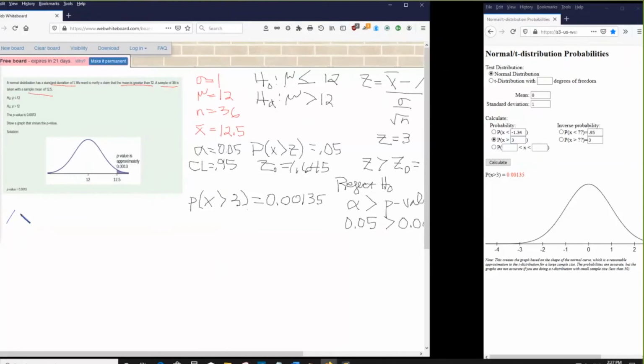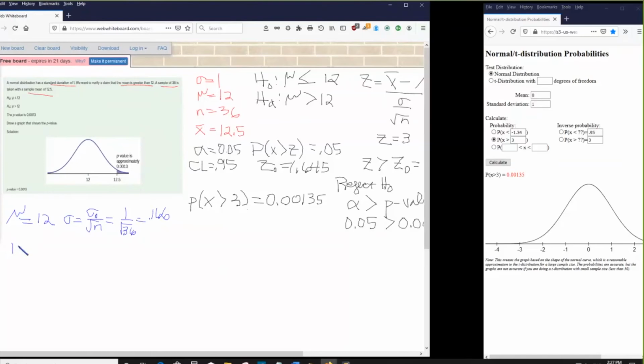If I take my given mean of 12 and my standard deviation as the population standard deviation divided by the square root of the sample size, in this case 1 divided by the square root of 36, which is 0.166.